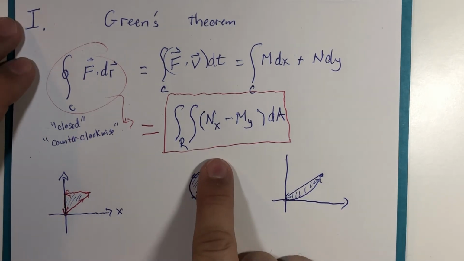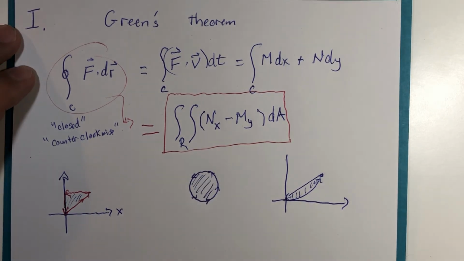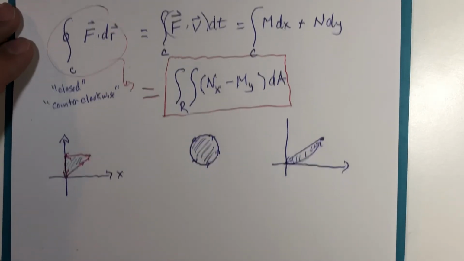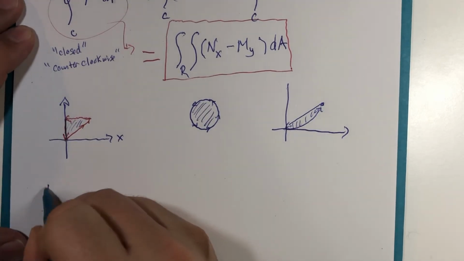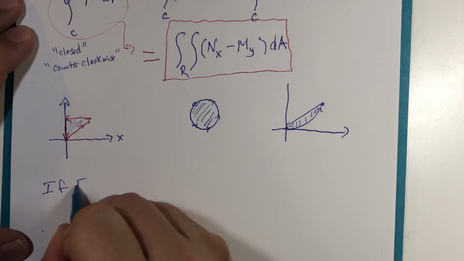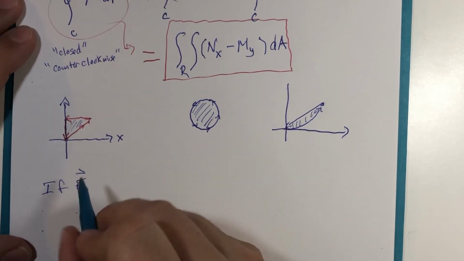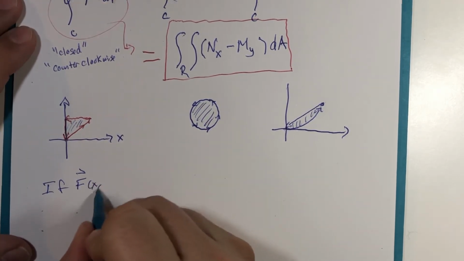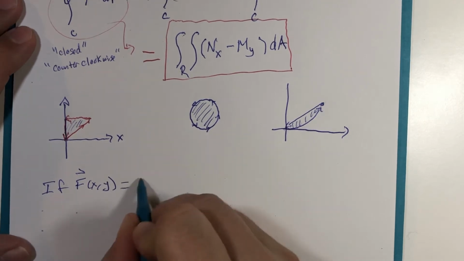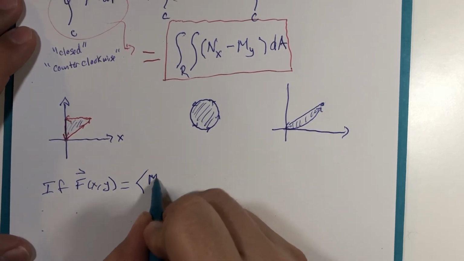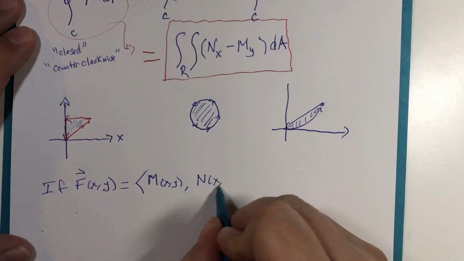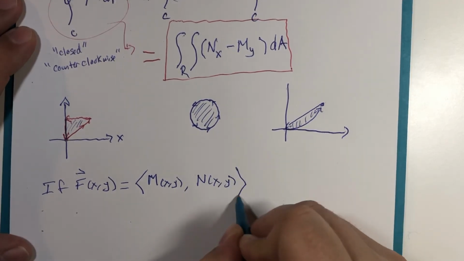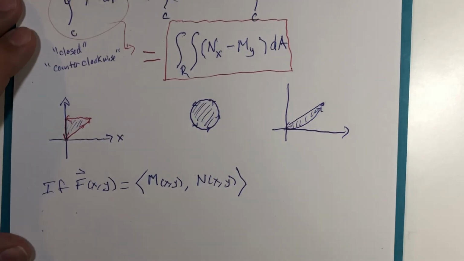And before I close, because this is just to introduce the concept, let me just show you something. Let me just slide up a little bit here since the theorem is still visible. If that vector field has these components M and N, two statements.